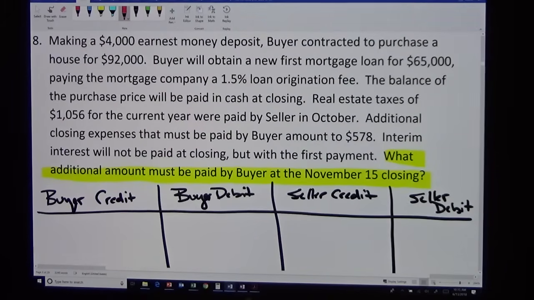So it says, making a $4,000 earnest money deposit, buyer contracted to purchase a house for $92,000. So we got numbers right away we need to deal with. A $4,000 earnest money deposit. Earnest money is money already paid in advance by the buyer, so they need to be credited for it. They've already paid it, we need to give them credit for it. So $4,000 EMD.